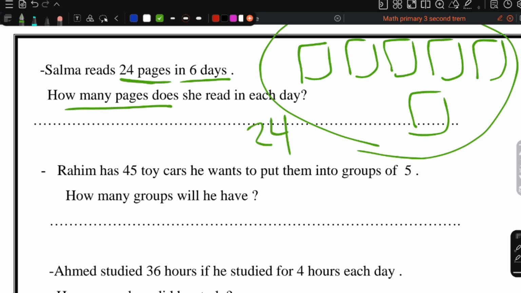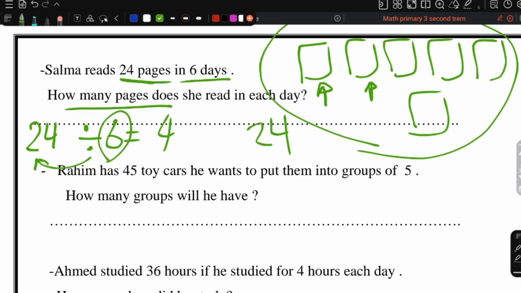So you will divide 24 by 6 days. So 6 times what number gives me 24? Exactly 4. So she reads 4 pages each day: 4, and 4, and another 4.